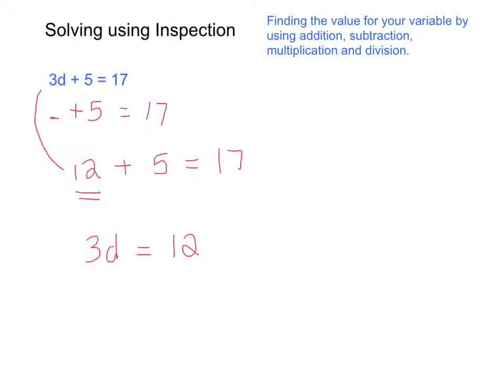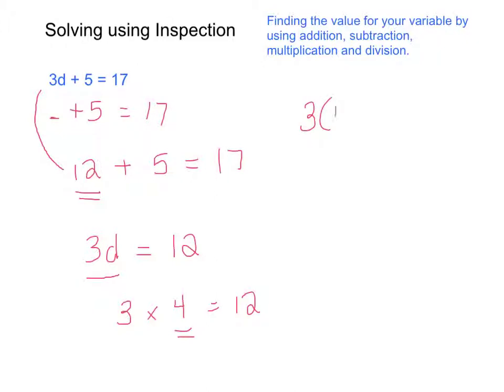So then I think to myself, if I know that 3D equals 12, what multiplied by 3 equals 12? So I know that when I go 3 multiplied by 4, that gives me a product of 12. So 4 becomes the value for my variable. But just to double check, I'm going to go back and substitute it into my equation to make sure I'm correct.